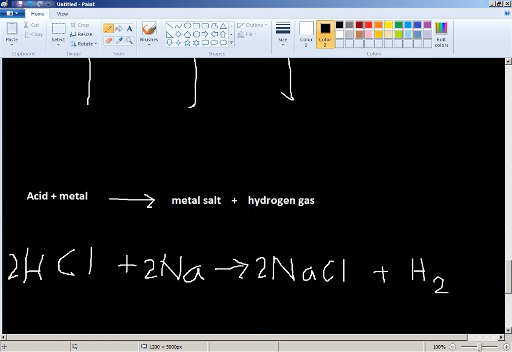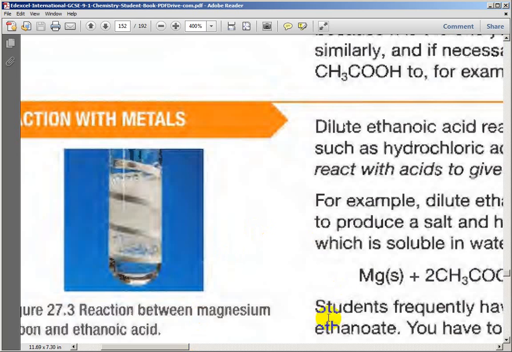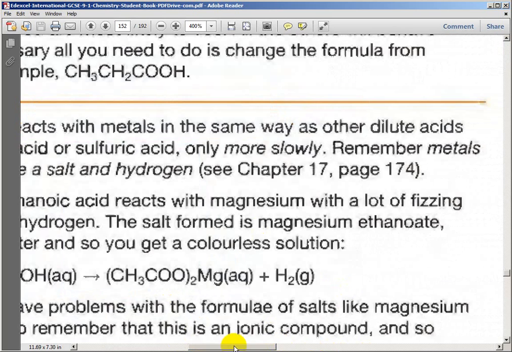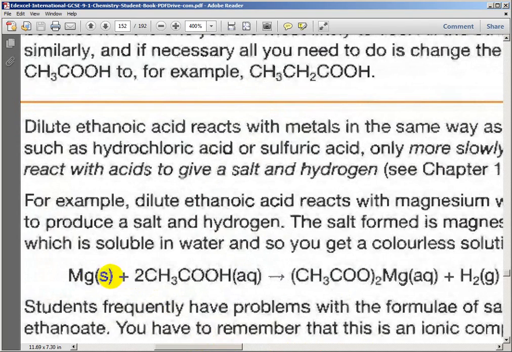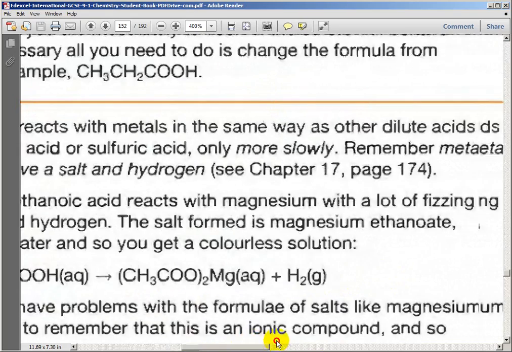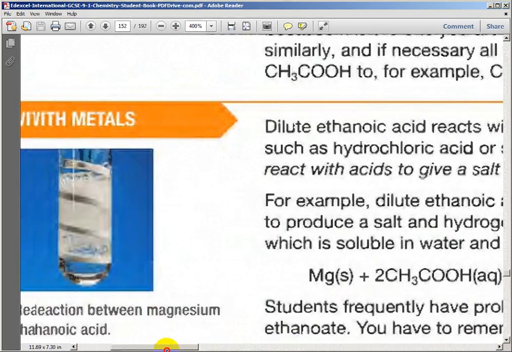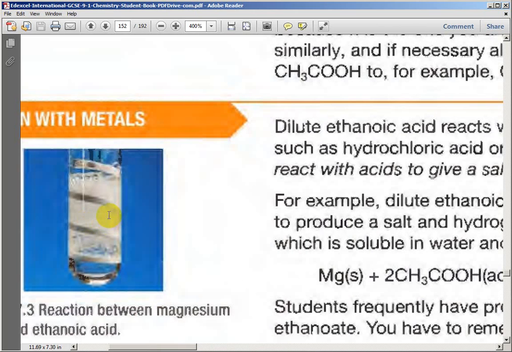Here I have taken metal magnesium and ethanoic acid. So the salt is magnesium ethanoate, and hydrogen gas. So the bubbles are due to the hydrogen gas.